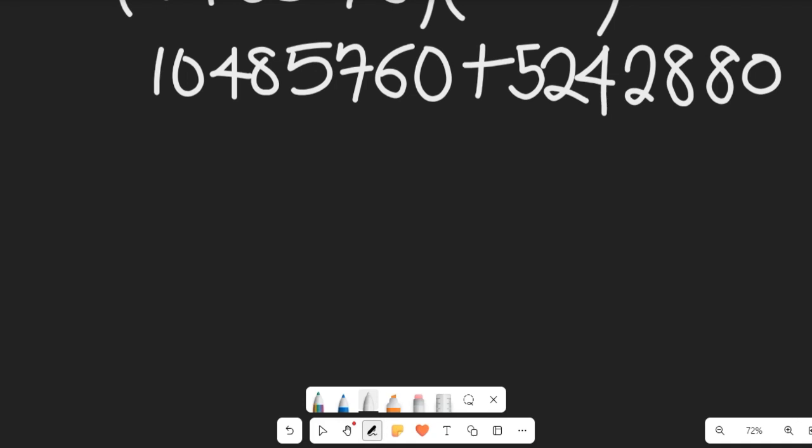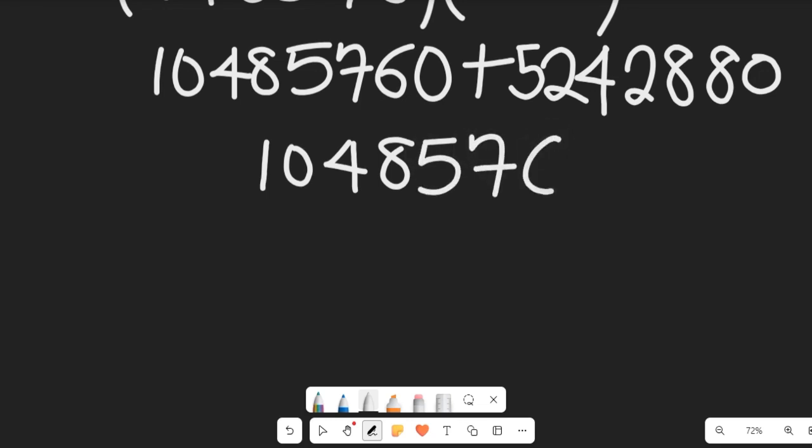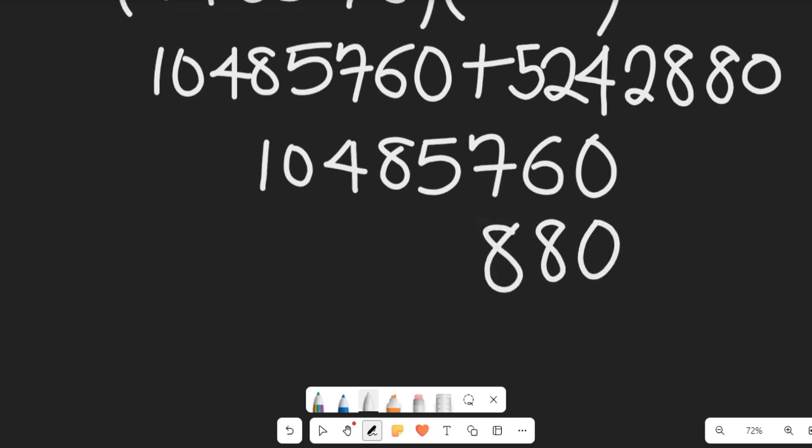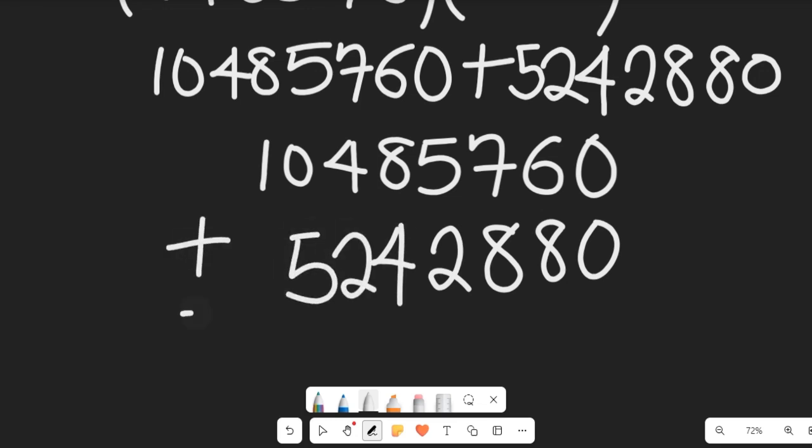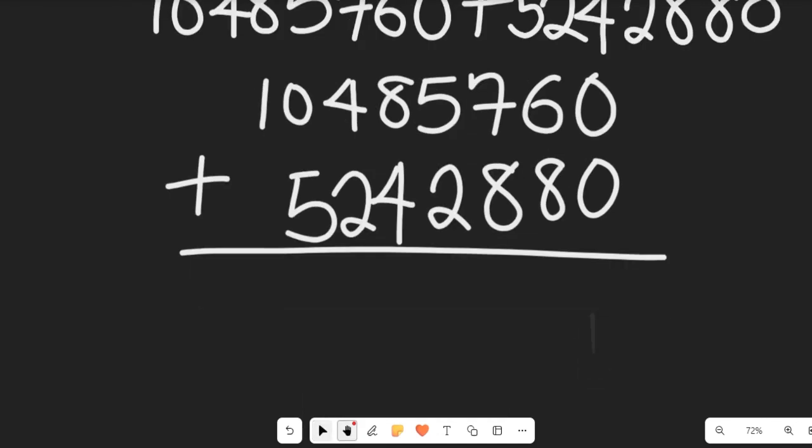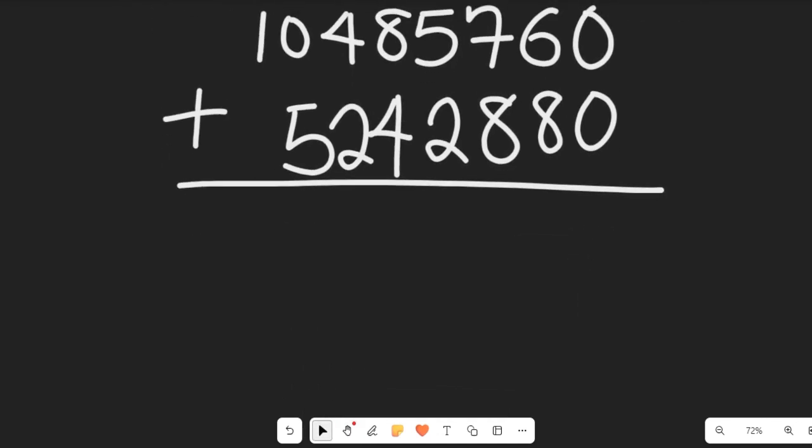If we add these two, we're going to have 10485760, and then we'll have 5242880. We are adding this. If we add them, we're going to have our solution to now become 0.